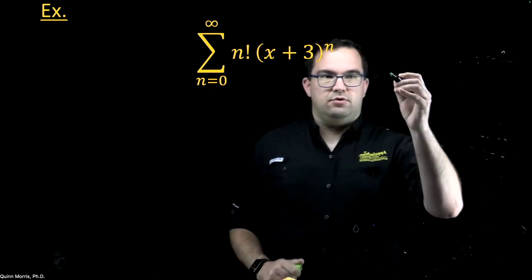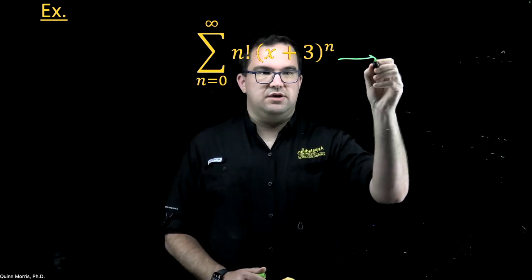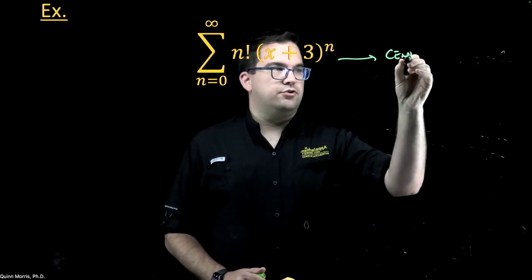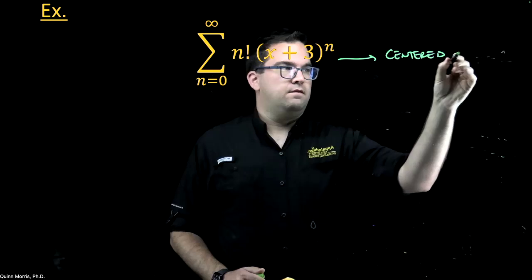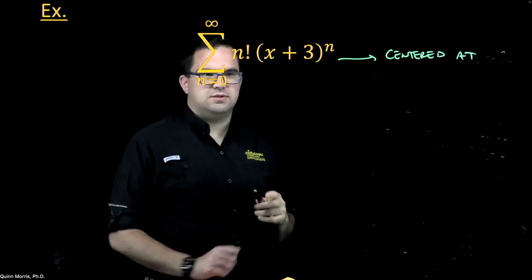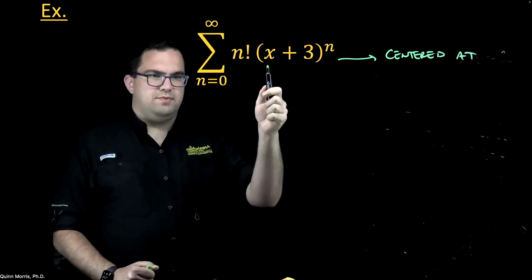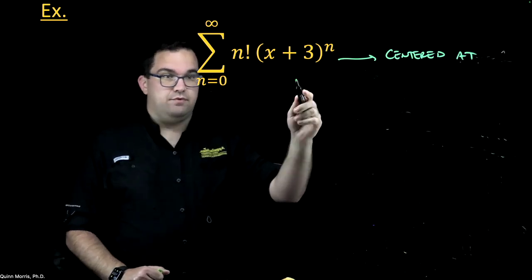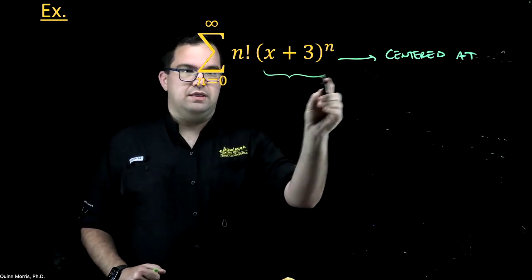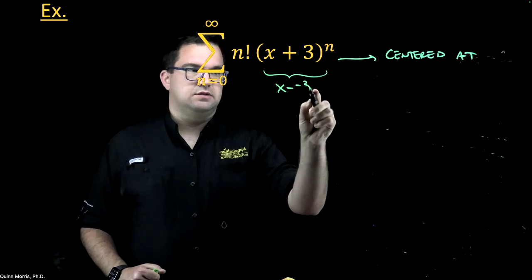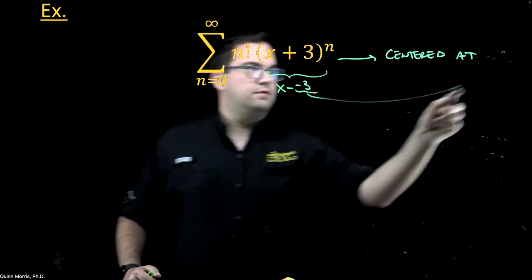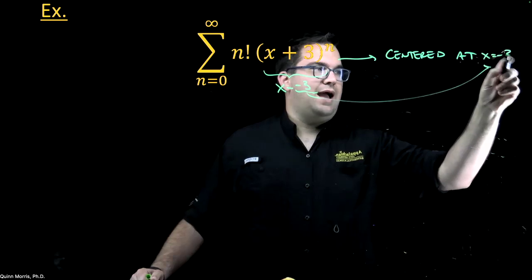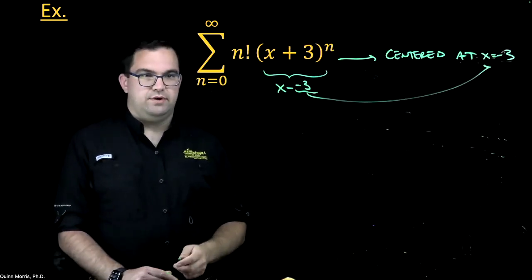Now, again, here we can see that this series is centered at, now this looks a bit tricky. I'm used to, in the normal form, it's x minus a, right? So I could really think of this as x minus -3. And so my series is centered at -3.